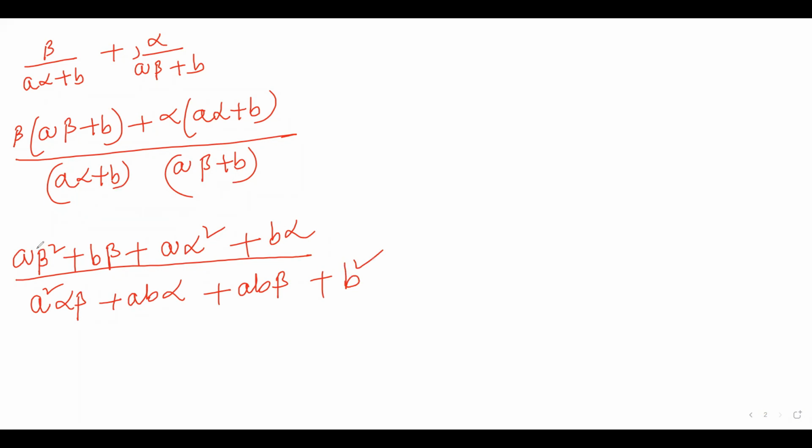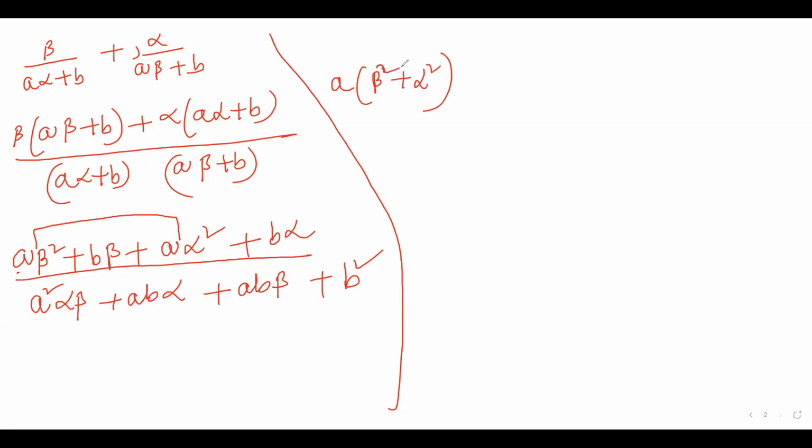Now you can take common in these two terms. A is common. Beta square plus alpha square will remain. In these two terms, B is common.